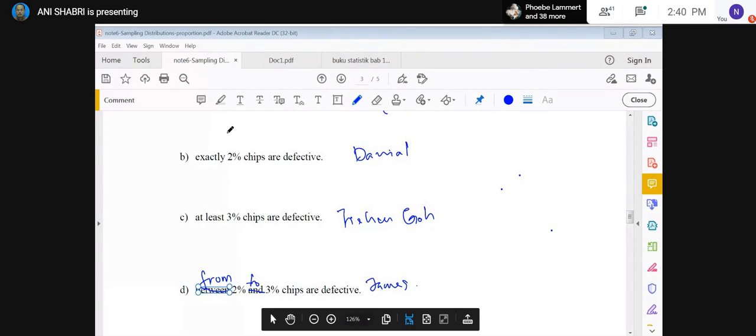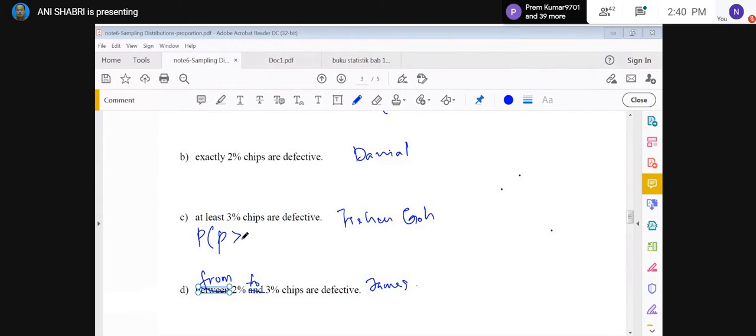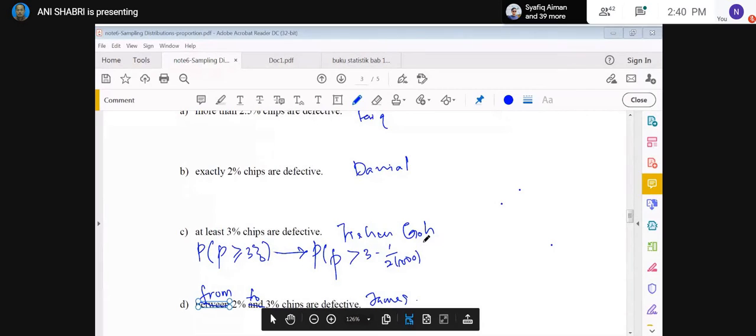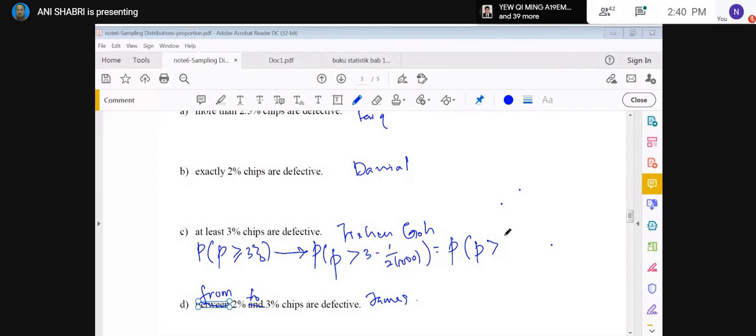This one is P at least greater 3%. It is equal P greater 3% minus 2 divided by 1000, 1000 chip.